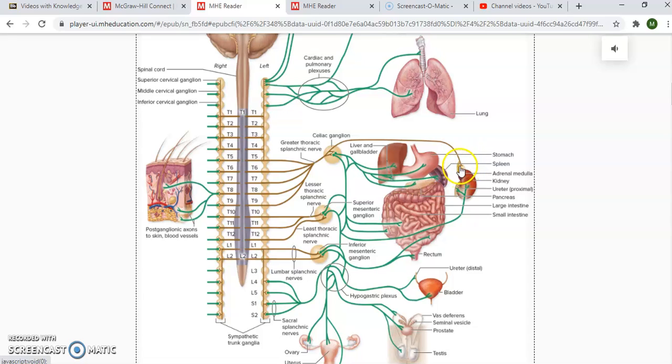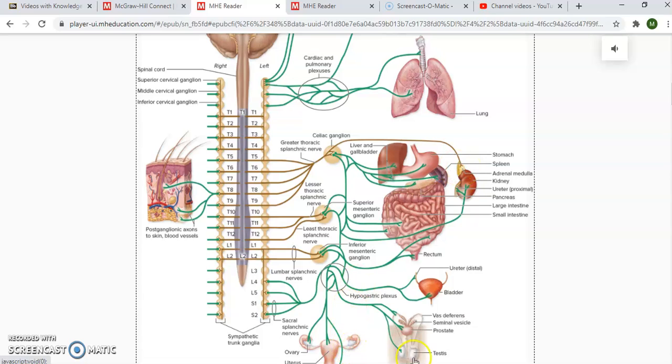So this is actually going to the adrenal medulla, so that's why they call this the adrenal medulla pathway. That preganglionic motor neuron is going to release neurotransmitters, acetylcholine, but it's not going to communicate with a postganglionic motor neuron like all the others do. It's going to communicate with cells in the adrenal medulla.